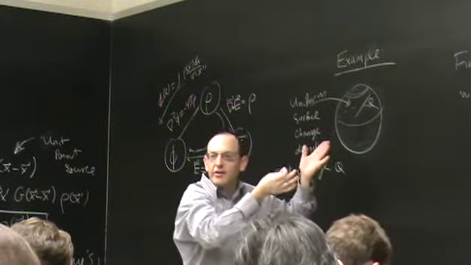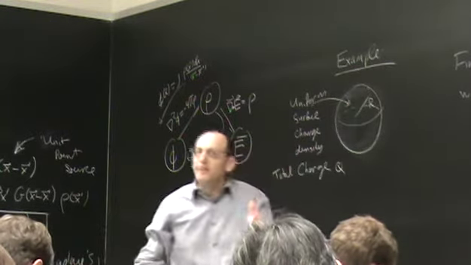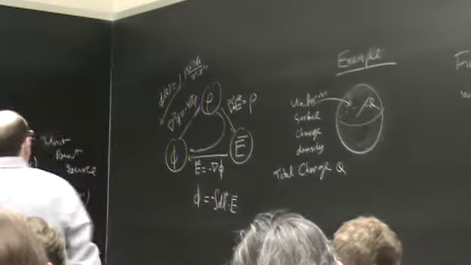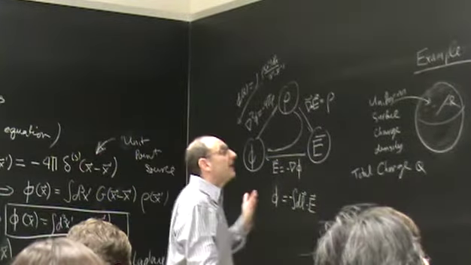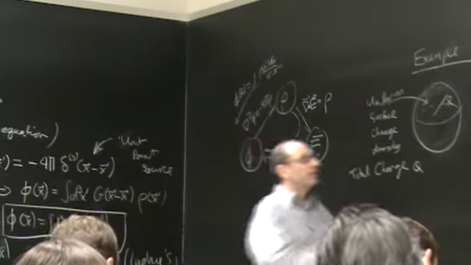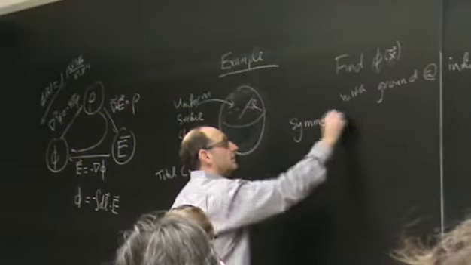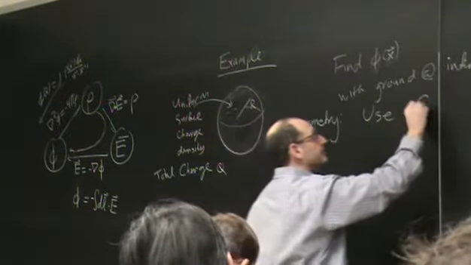It's kind of a calculus problem. But it's trivial to do this problem, realizing that we can write down the electric field instantly based on Gauss's law. Because of the symmetry here, we should use Gauss's law.